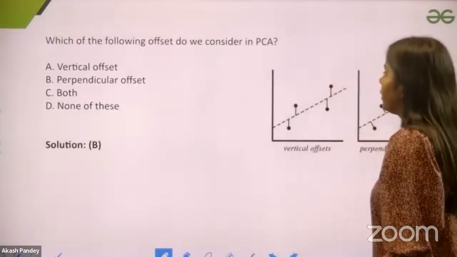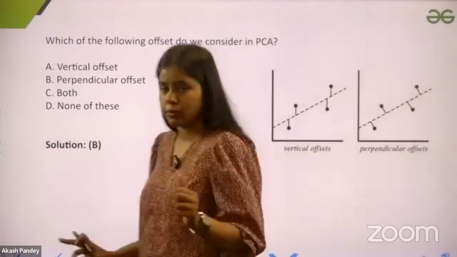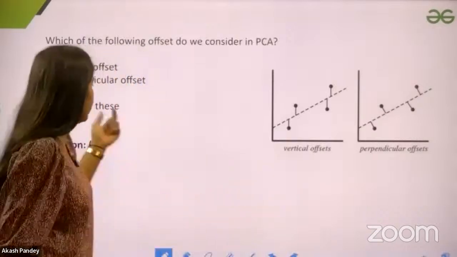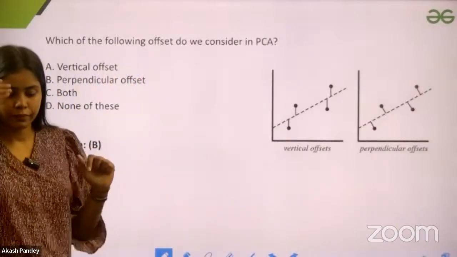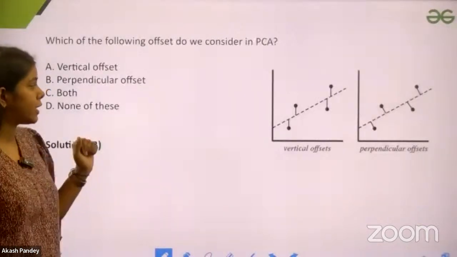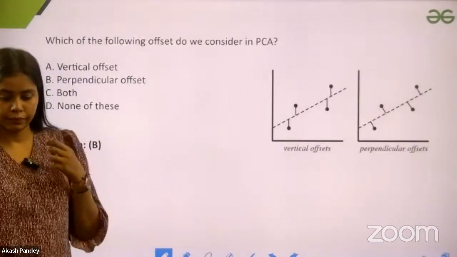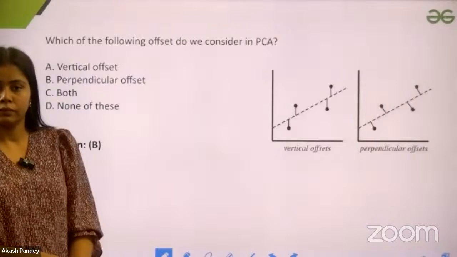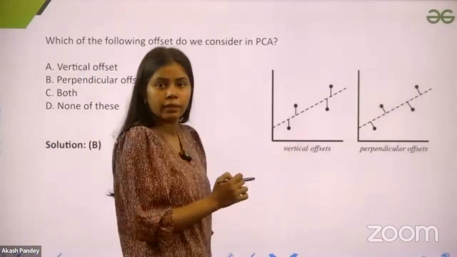Which of the following offsets do we consider in PCA? So in principal component analysis, which offset will we consider? Vertical offset, perpendicular offset, both. Let me know guys, which offset we consider in principal component analysis. So you can see that in the vertical offset, what would happen?